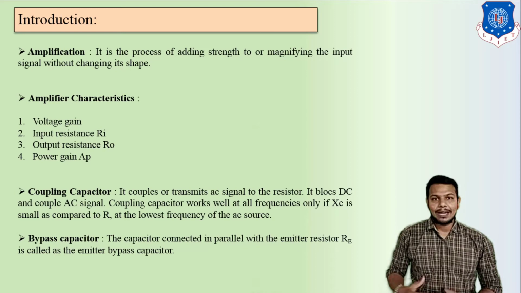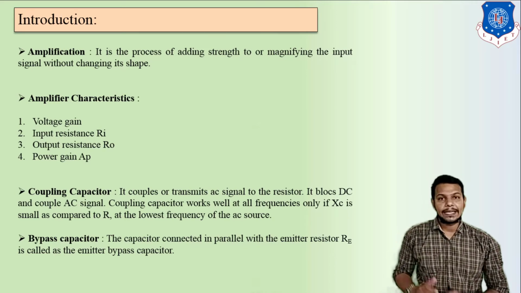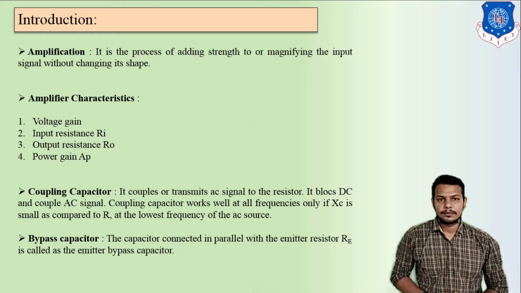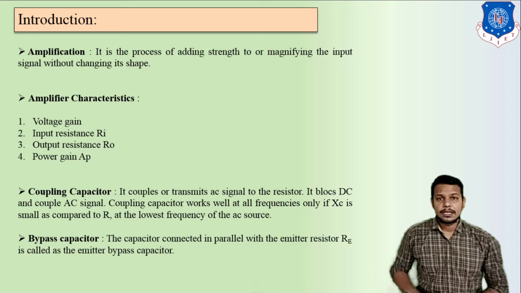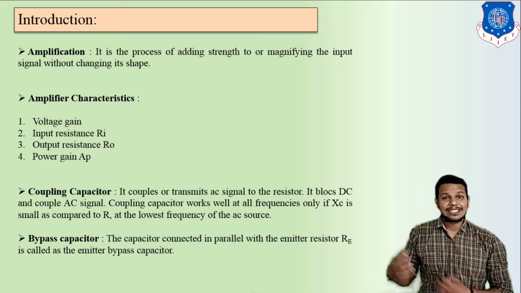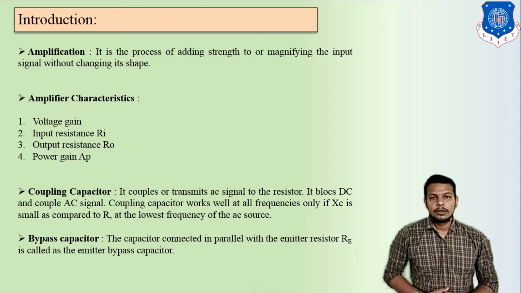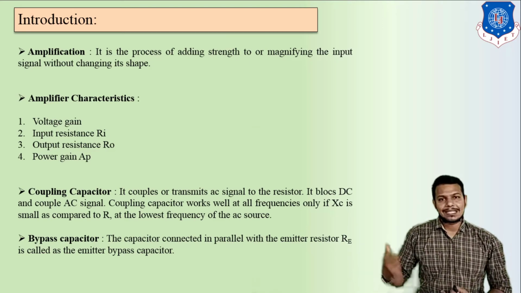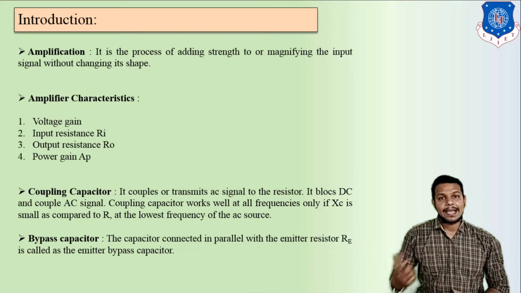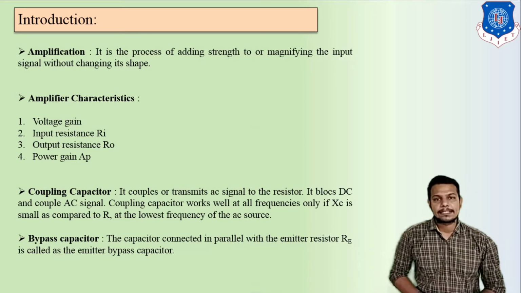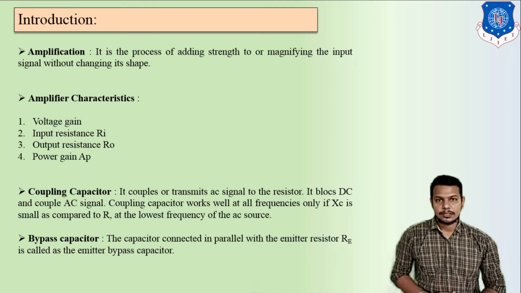Coupling capacitor works well at all frequencies only if Xc is small as compared to the resistance at the lowest frequency of the AC source. That means it blocks DC and allows the AC signal. How? For that we have to discuss Xc and XL. Now this is the capacitor, so we are going to discuss Xc, the capacitive reactance.